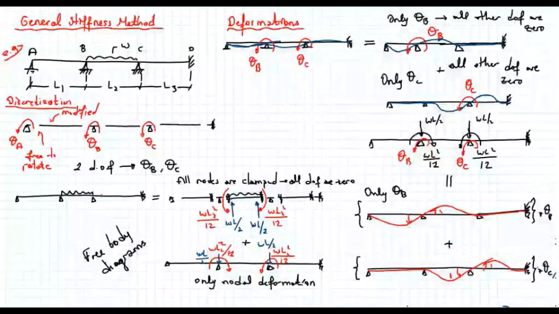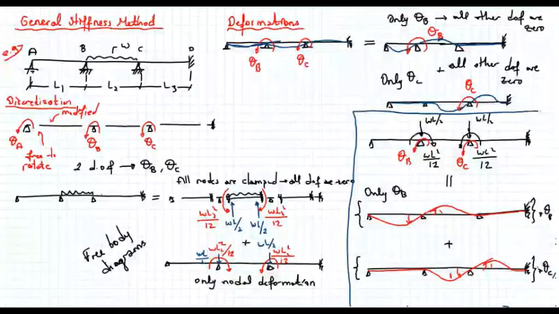Okay, so let's repeat, but before doing that, let's isolate this part, because this part is very important. This is where we're going to get all our equilibrium equations. But let me repeat one more time. So here we say that the deformations are caused by these unbalanced forces, and the total deformation can be described by the deformation due to the first degree of freedom, theta b, plus the deformation due to the second degree of freedom, theta c only.